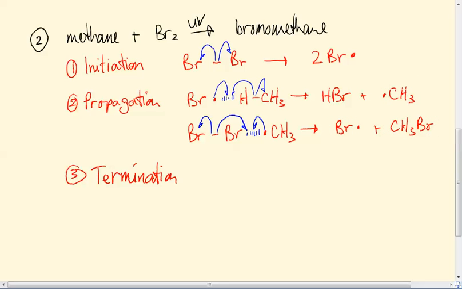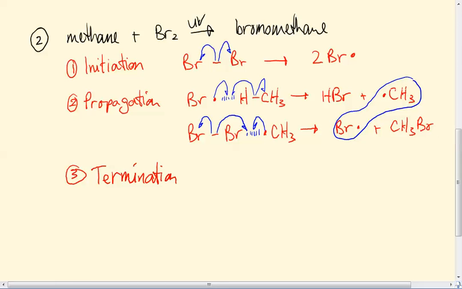Okay, and for termination steps, what we want to do is get rid of radicals. And when two radicals come together, we have two unpaired electrons coming together, which makes a pair of electrons, and that's what we want. So I'm going to have any combination of those two radicals. So either two bromines, two methyls, or a bromine and a methyl.